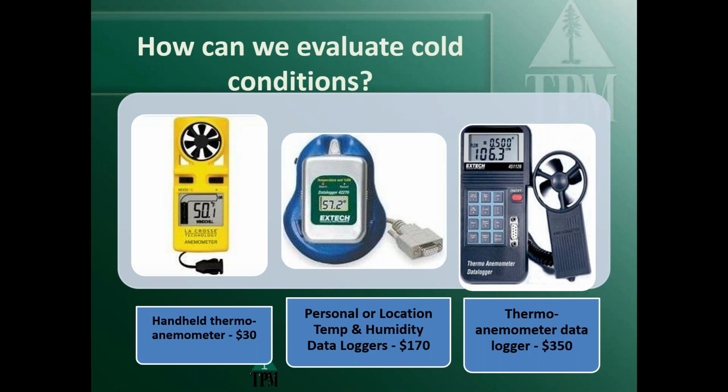It'll give you an index for the cold. And I'm sure at this point they're technologically advanced enough that you could mount them and access their information via Bluetooth. I'm sure there's wireless capabilities at this point in time with any of these. So there's multiple options out there all across the board as far as price and functions go.